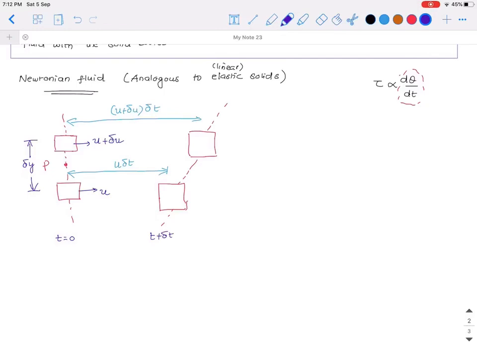Let us say this angle is delta theta. How can we write delta theta here?